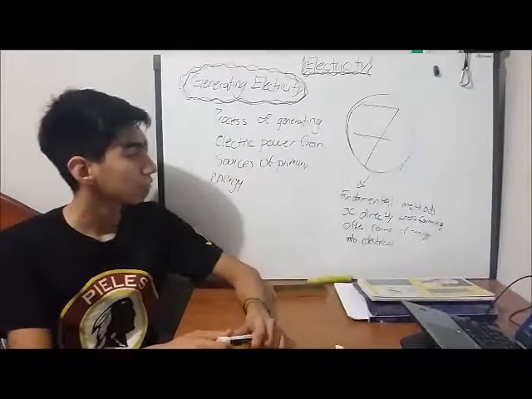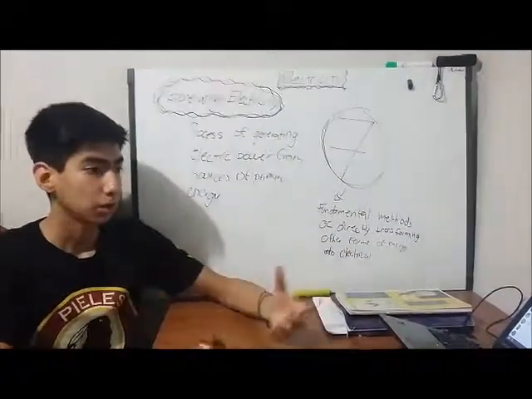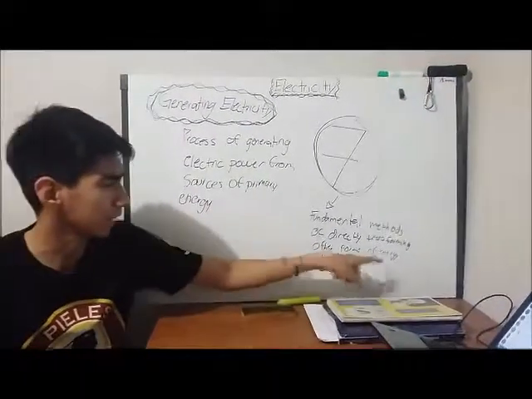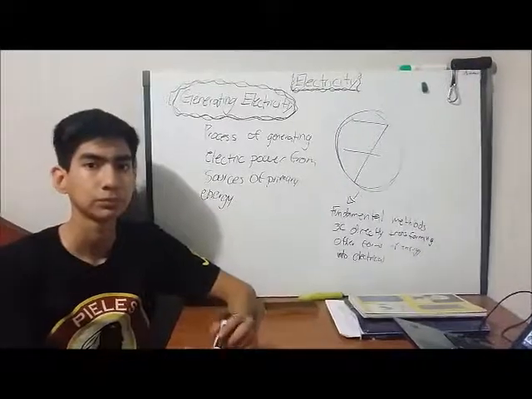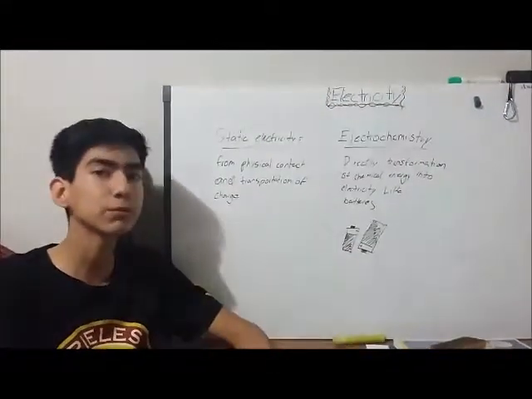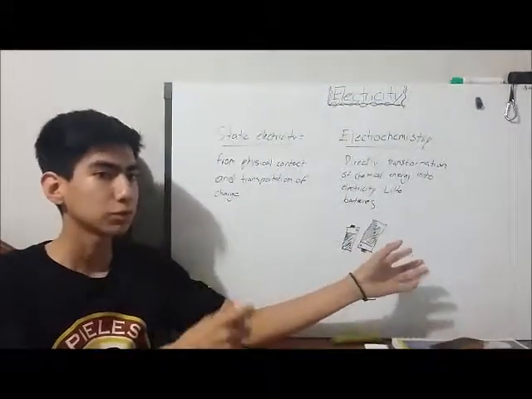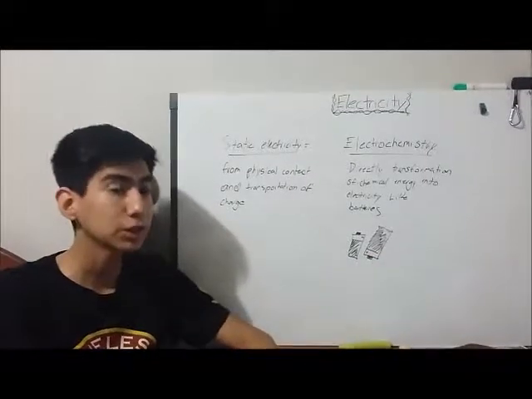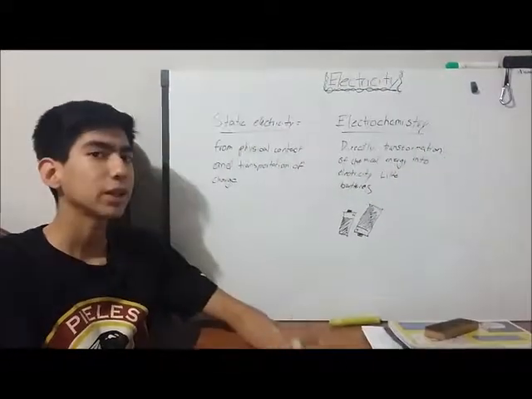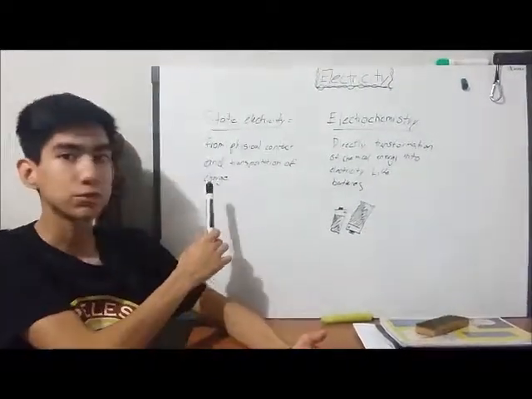There are 7 fundamental methods that we can use to convert certain sources into electrical energy. The first one is static electricity from physical contact and transportation of charge.